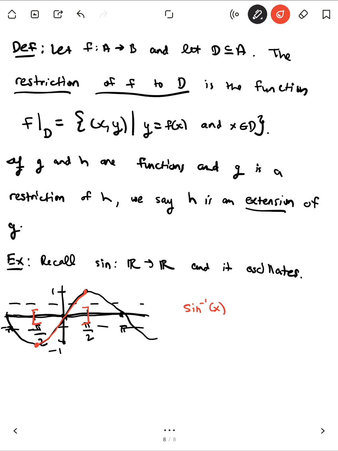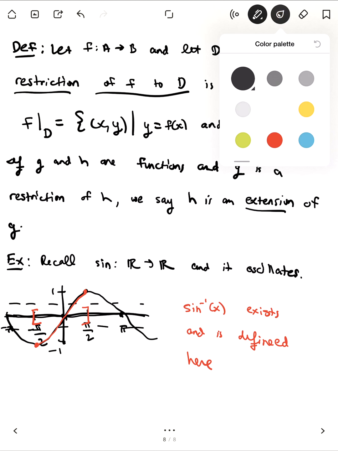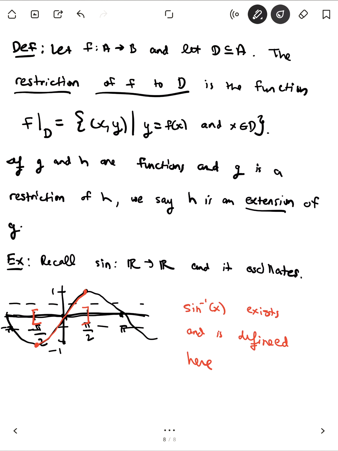So sine inverse of x exists and is defined here. Okay, so that becomes an important point: these restrictions are not only to make your life more miserable in terms of things you need to understand, but they have a very important application, especially in thinking about inverses of functions.